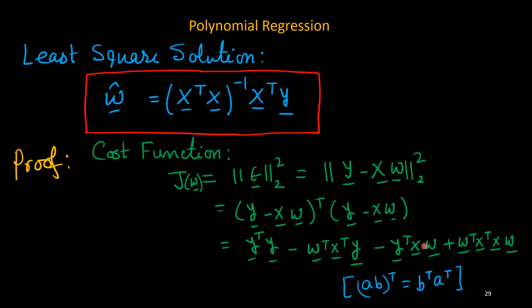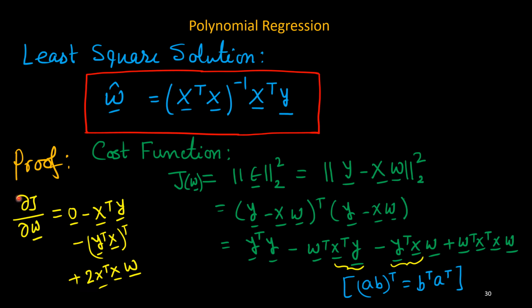The standard way is that we need to take the derivative of this cost function with respect to each w value. So basically we wish to find the gradient of this vector, defined as del J upon del w, the partial derivative with respect to the w vector. We're taking a derivative with respect to a vector, so be careful. The first term is independent of w, so it is 0. The second term is w transpose x transpose y, so if I take the derivative with respect to w, I'll get only x transpose y.